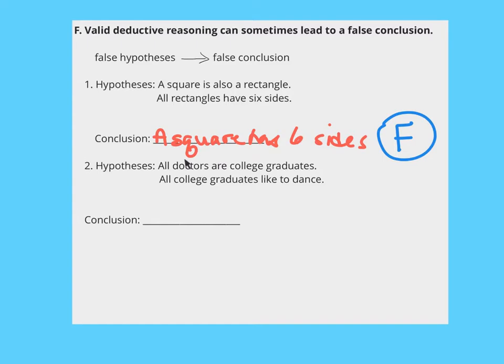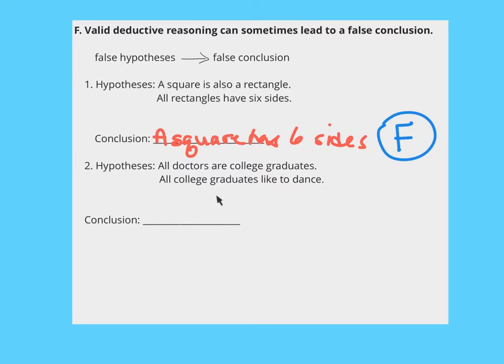In example 2, we see that all doctors are college graduates, which sounds like a valid statement. And then the second statement is that all college graduates like to dance, which may or may not be true. Like you could have a college graduate that does like to dance, you might have a college graduate that does not. So that statement is not a true statement.